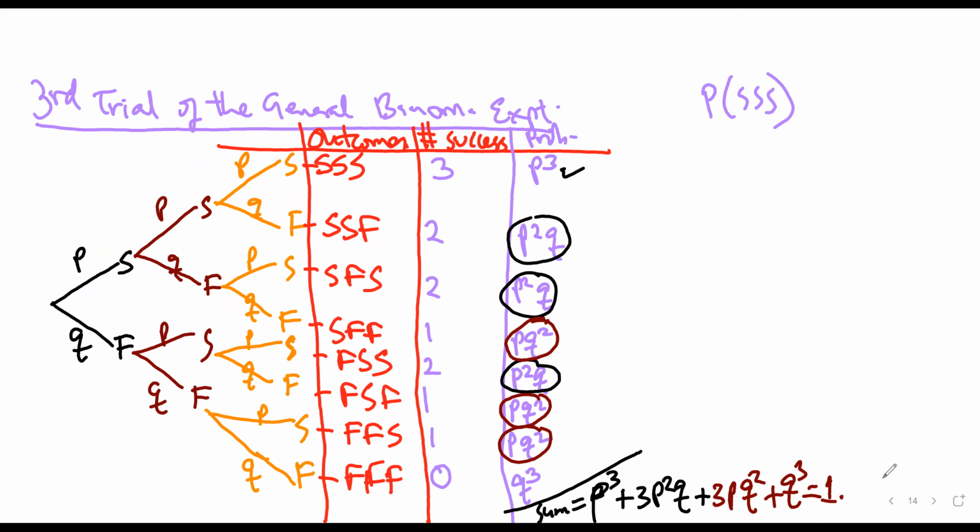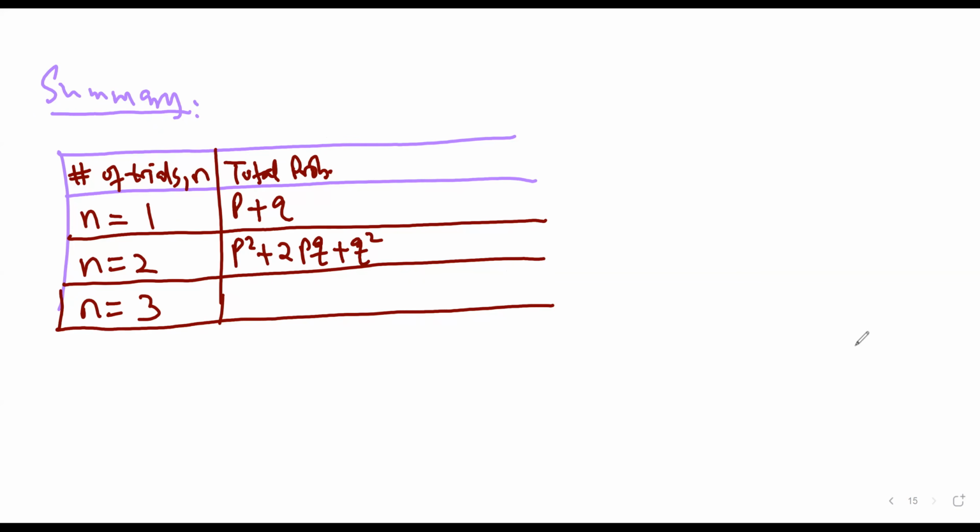When we have 3 trials, this is the expression: P cubed plus 3P squared Q plus 3PQ squared plus Q cubed. Okay, so that's what we have.